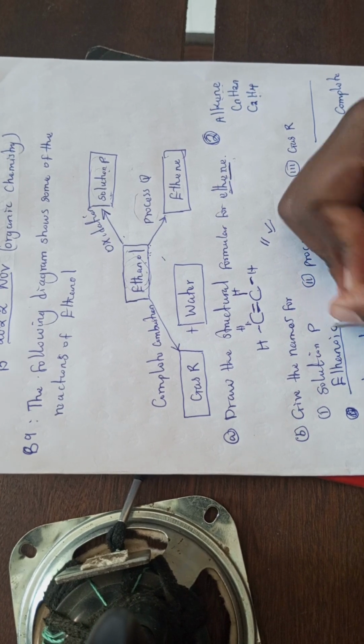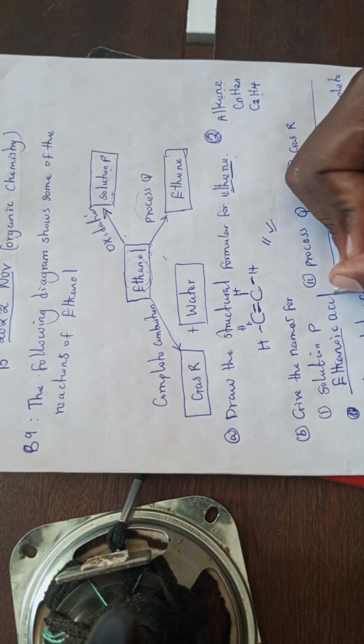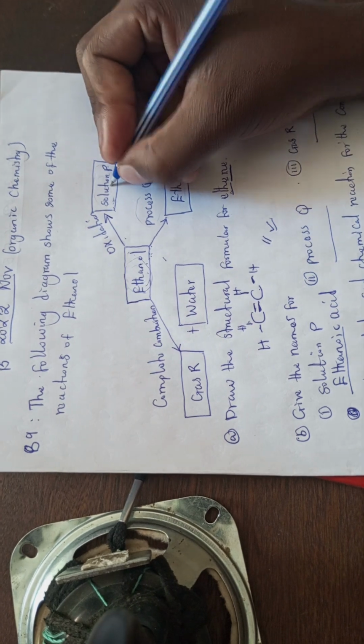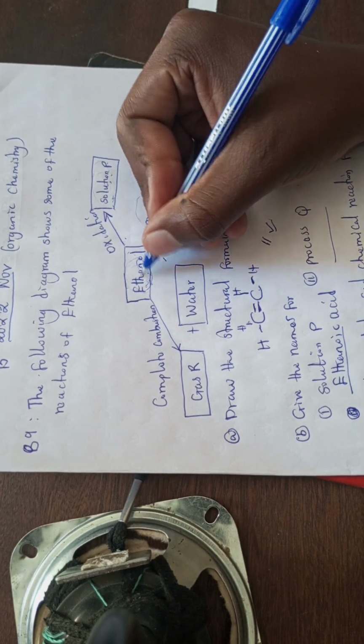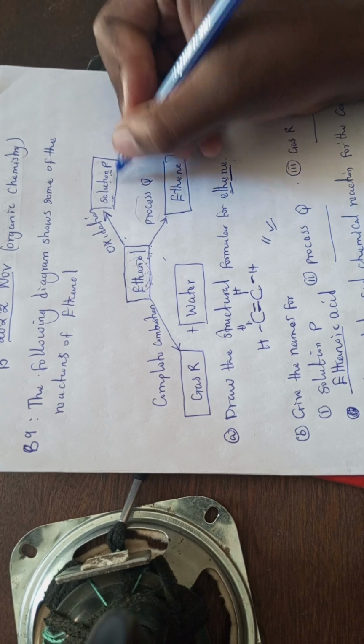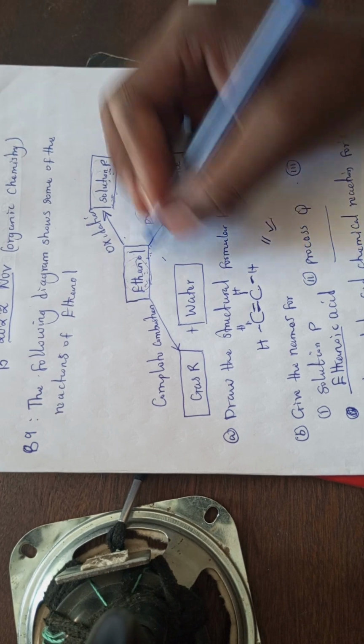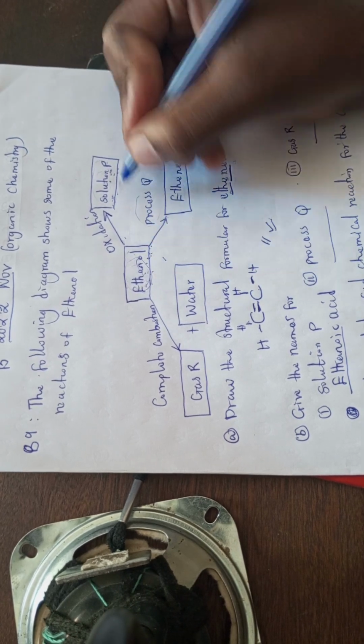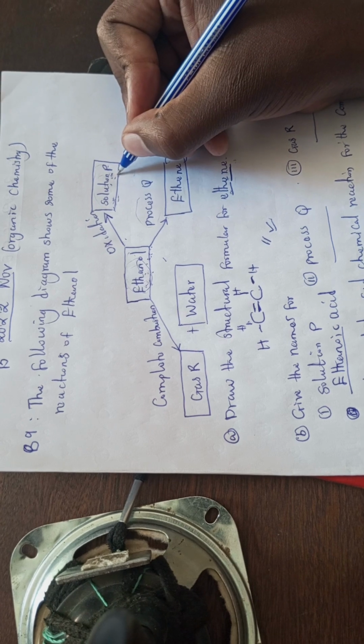Ethanoic acid. So here must be ethanoic acid. If it was butanol, solution P would have been butanoic acid. If it was methanol, it would have been methanoic acid.